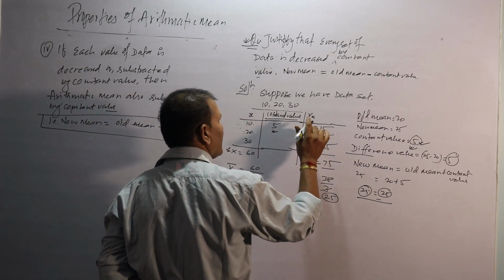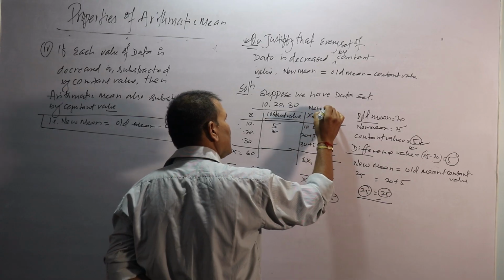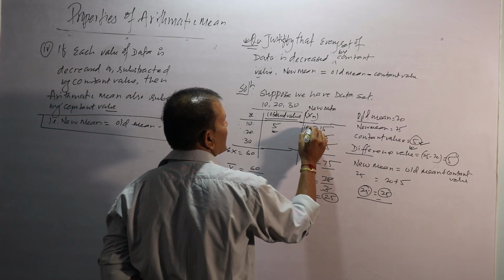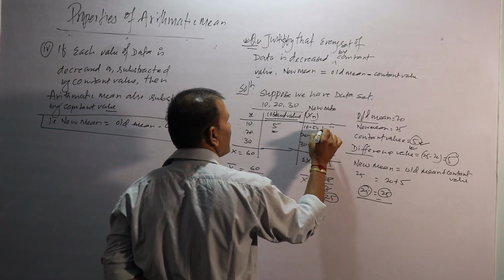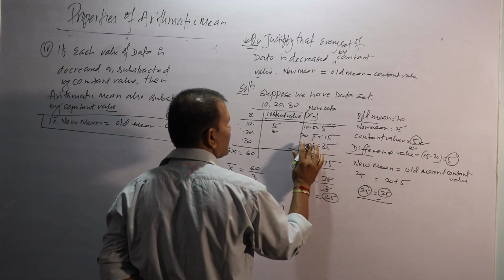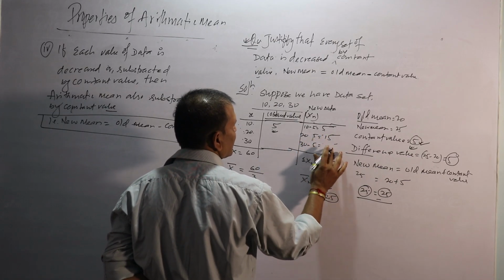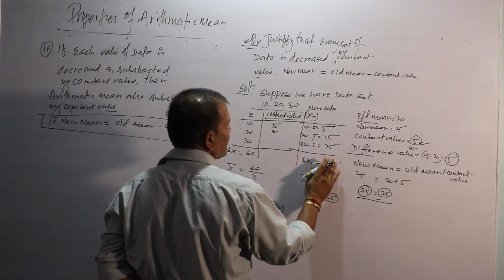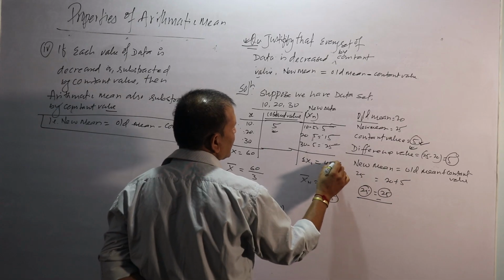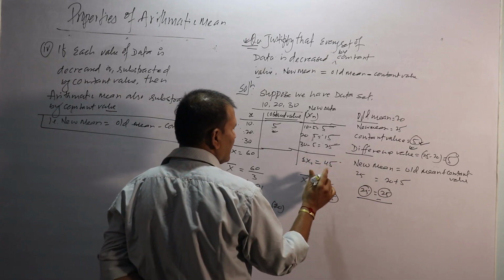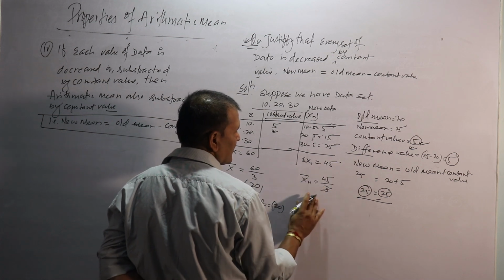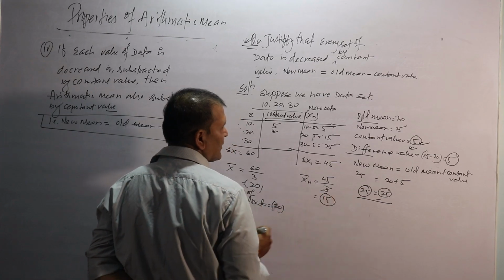So now the new data, we represent here as xn: 10 minus 5 is 5, 20 minus 5 is 15, and 30 minus 5 is 25. Then summation x is 45. So what is the new mean? 45 by 3, which is 15.